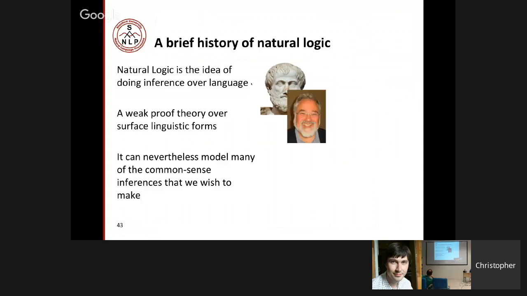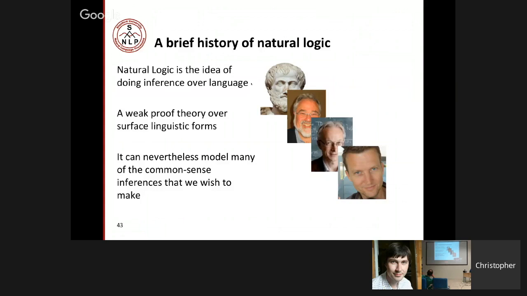The idea was revived by George Lakoff in the 60s, and then it was further picked up and developed by Johan van Benthem in the Netherlands. And so he developed a formalized weak proof theory over surface linguistic forms, but it seemed to us there was nevertheless one that can model many of the common sense inferences that we wish to make.